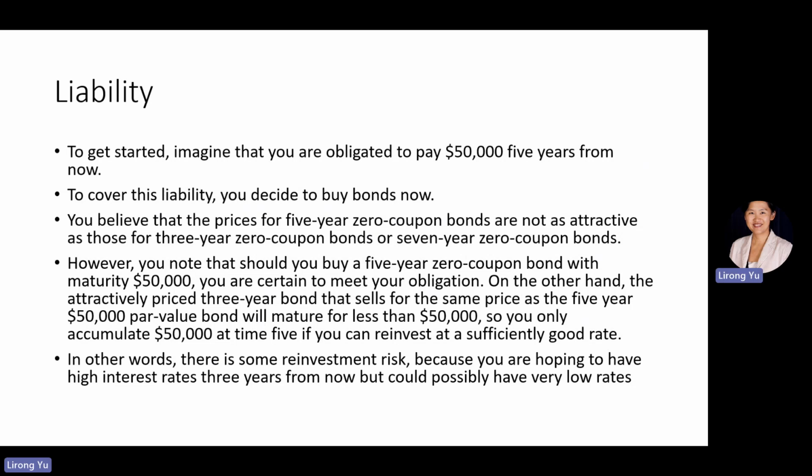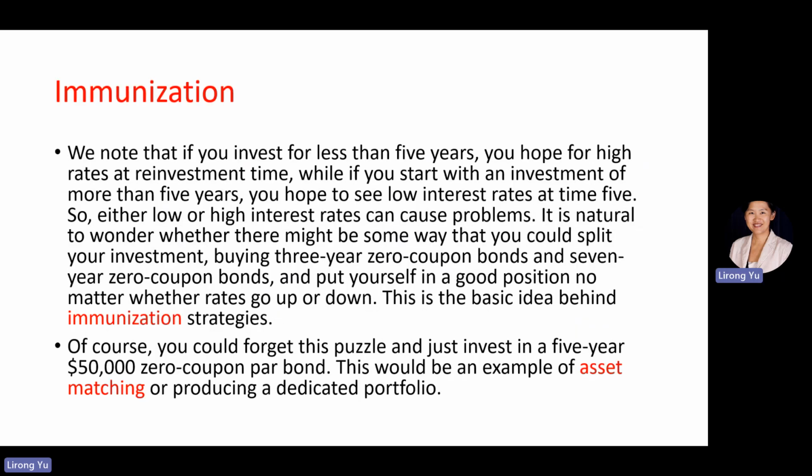So this is the idea of using different types of investment to pay for a future liability, and among the variety of investments, some may have better value than others.